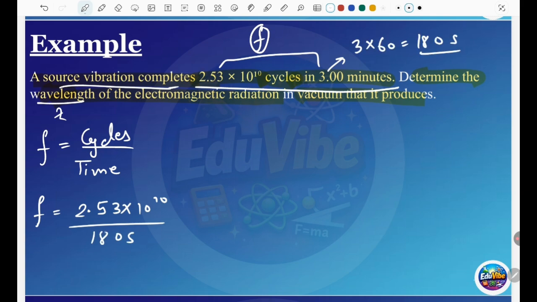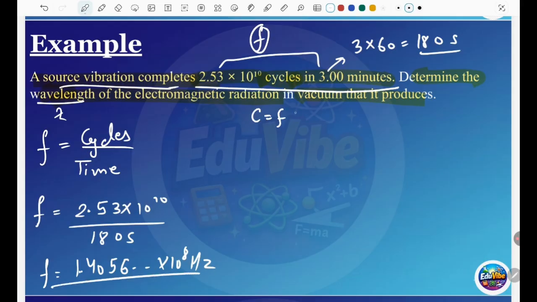So what do you get? You get about 1.4056 × 10^8 hertz. So you get this frequency.